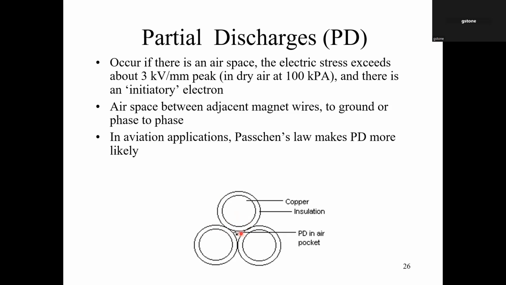In particular, it might get to the 3 kV per millimeter peak voltage that would, if this is dry air at 100 kilopascals or 15 psi, mean there's a high likelihood that you're going to break down if there's an initiatory electron from somewhere. And so you're going to get that breakdown just in the air gap. And of course, we refer to that as a partial discharge.